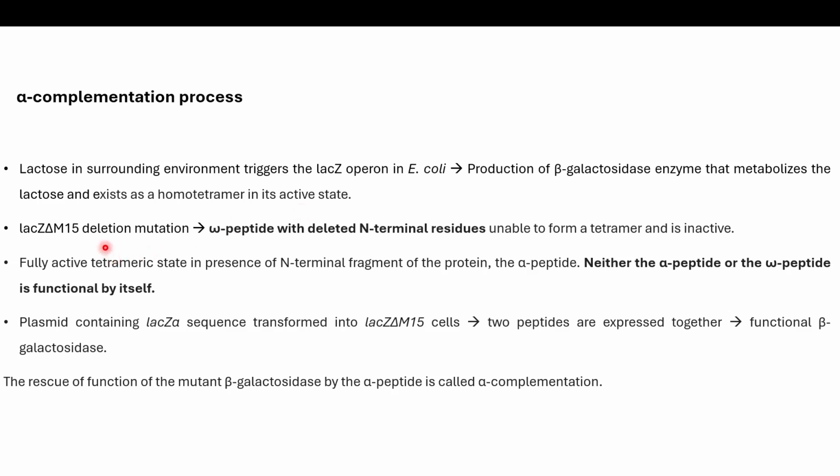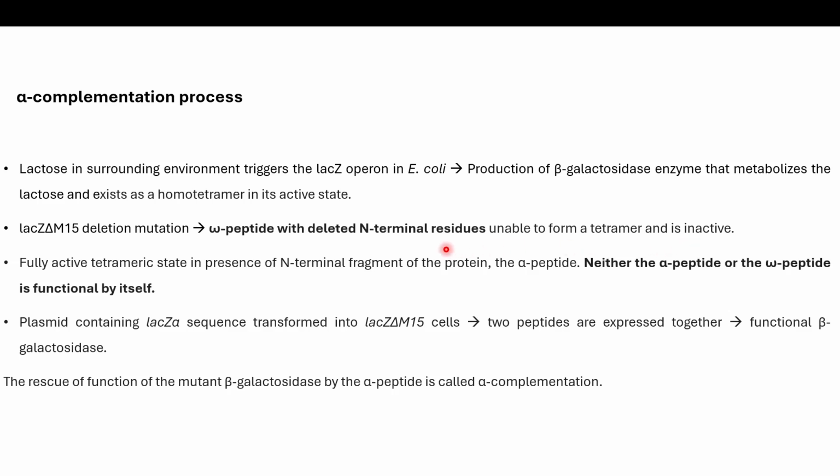Now there's a certain kind of mutation, the M15 deletion mutation. Beta galactosidase is an enzyme, and in this mutant a few residues of the N-terminal part of the enzyme are deleted. The peptide formed with the deleted N-terminal residues is called the omega peptide. This omega peptide is unable to form a tetramer and is inactive.